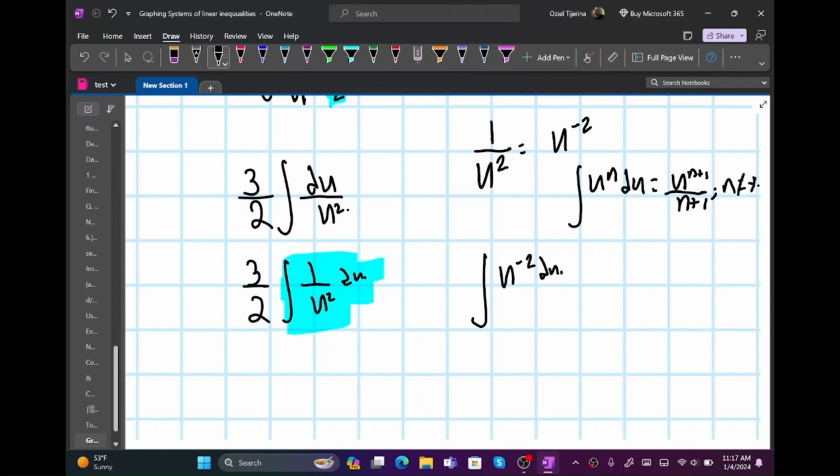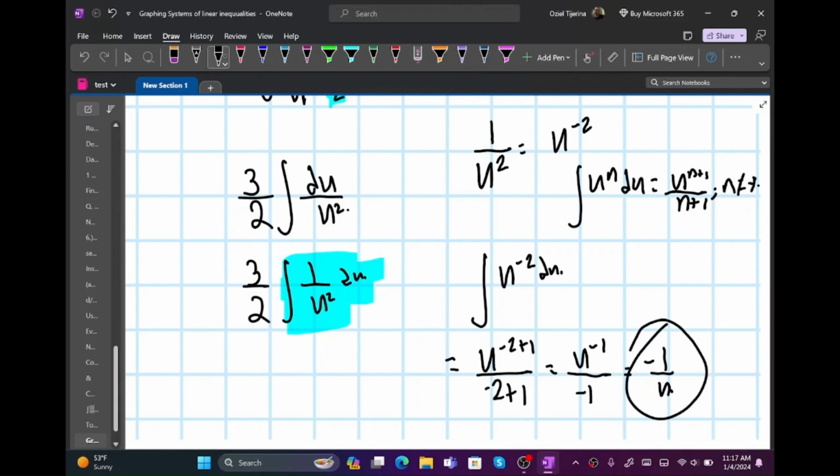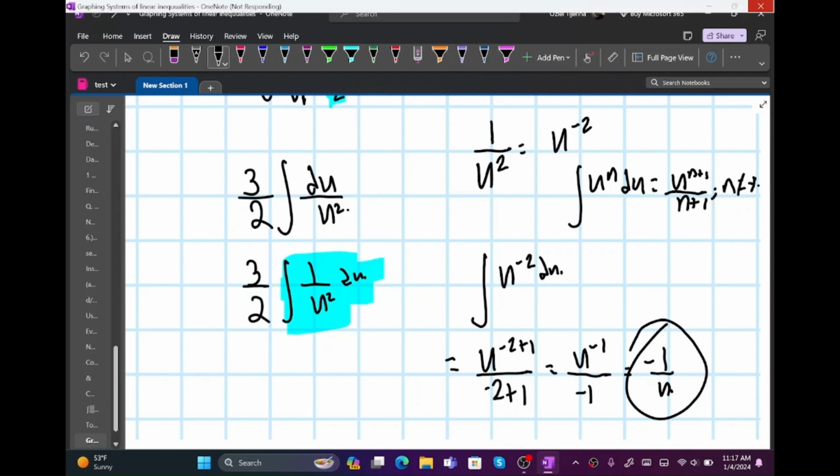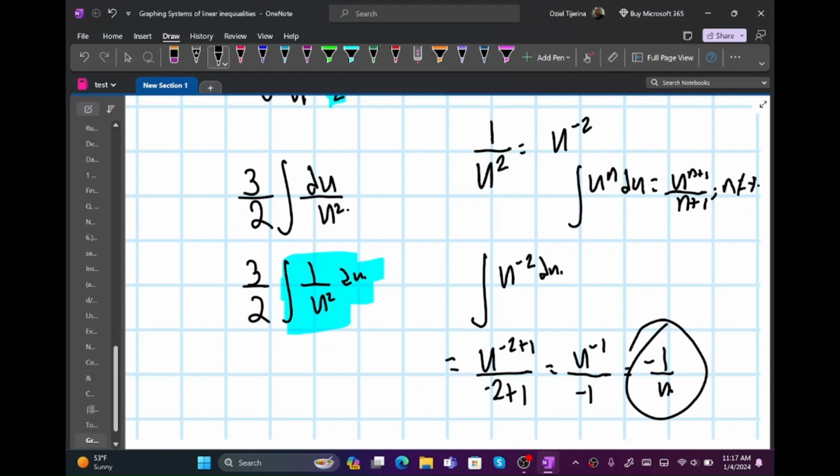So this is going to equal u to the negative 2 plus 1 over negative 2 plus 1, which is u to the negative 1 over negative 1, which is equal to negative 1 over u. So that's power rule for integration. If y'all don't know how to do that, I can make a video over that. We want to make sure we understand a lot of previous integral rules for this, especially common integrals.